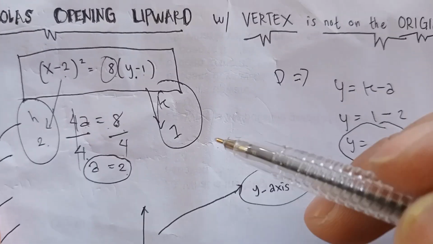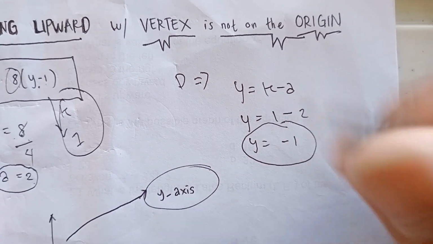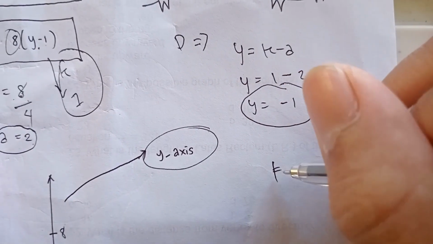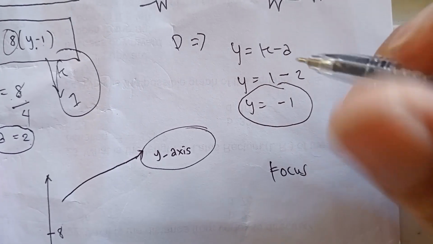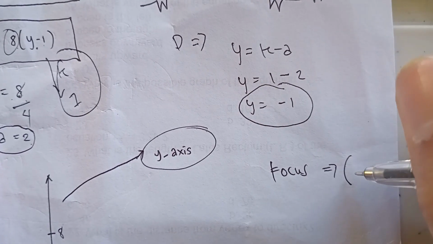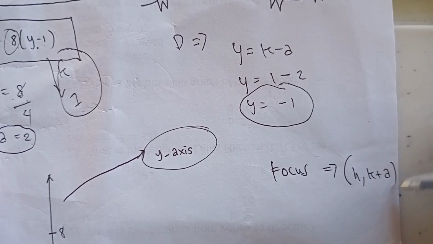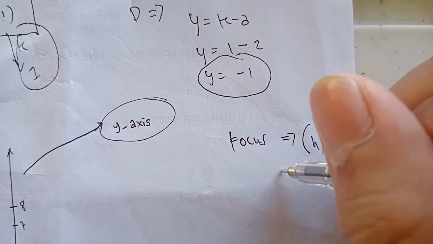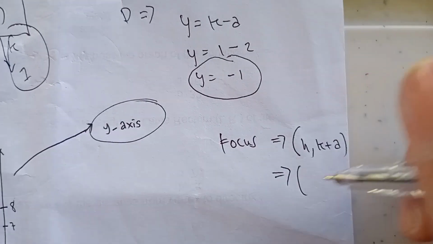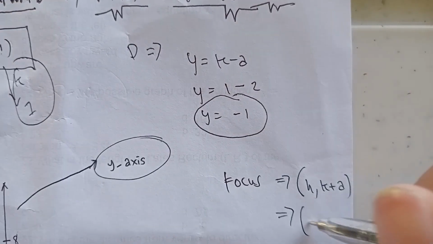Next, we need to find the value of the focus. How to find the value of the focus? So just write focus. Then, use this formula: (h, k plus a). Okay, what is the value of h? We have positive 2.